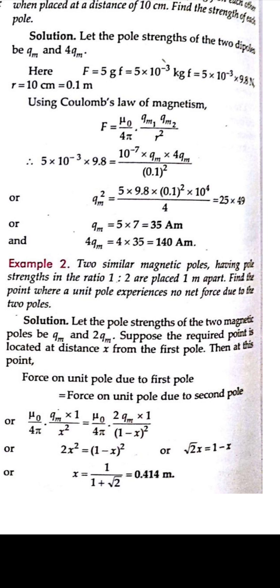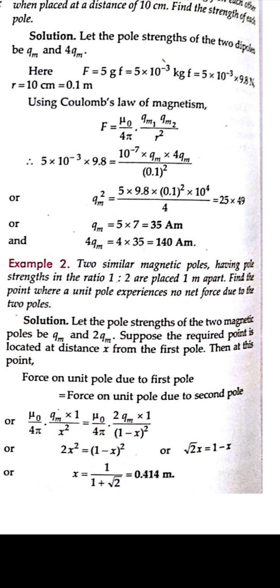So mu naught upon 4 pi q, and let the distance from one pole be x. The other will be 1 minus x, because they are kept at a distance of 1 meter. From the other pole we don't know the distance, so we take it as x, and the other one will be 1 minus x.